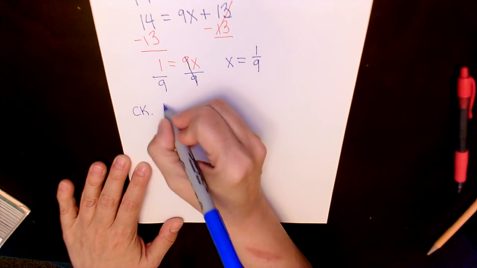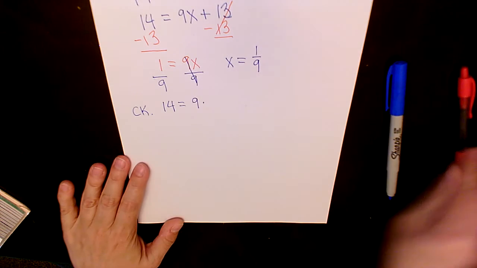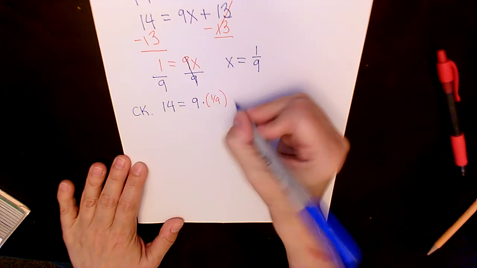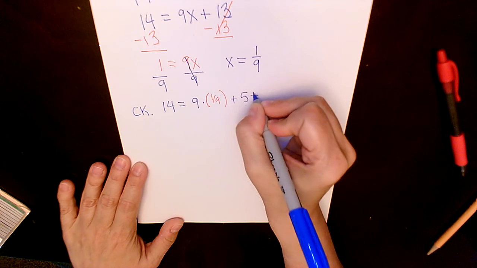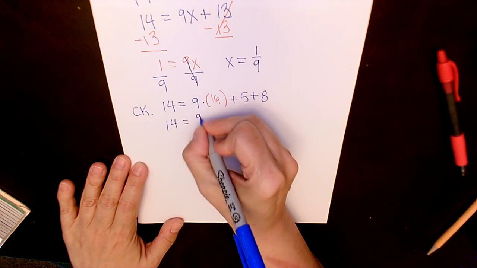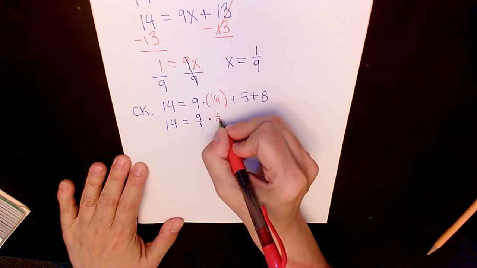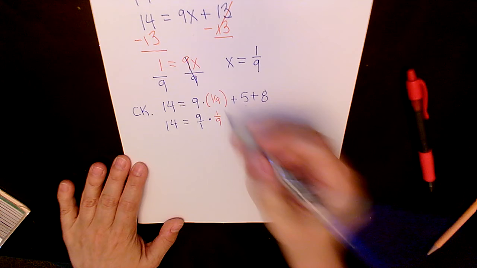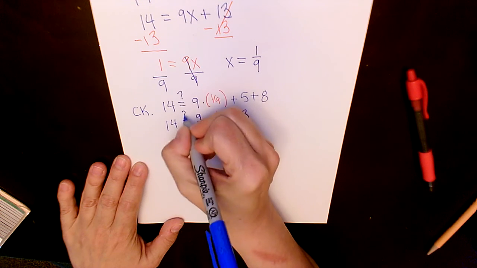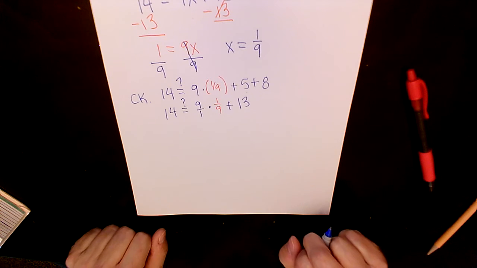Let's do a quick check. And again, I'm going to make this 9 a 9 over 1. And 5 plus 8 is 13. Let's see if both sides come out to 14.